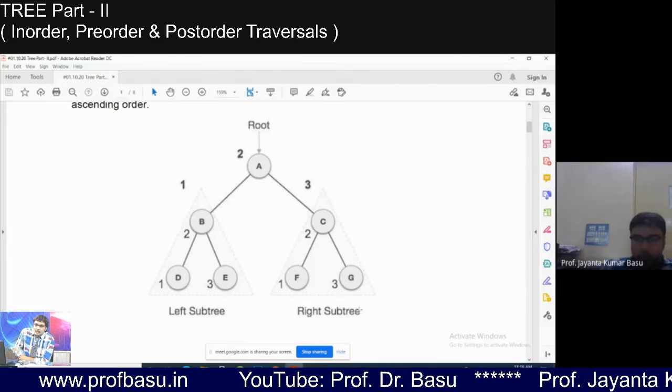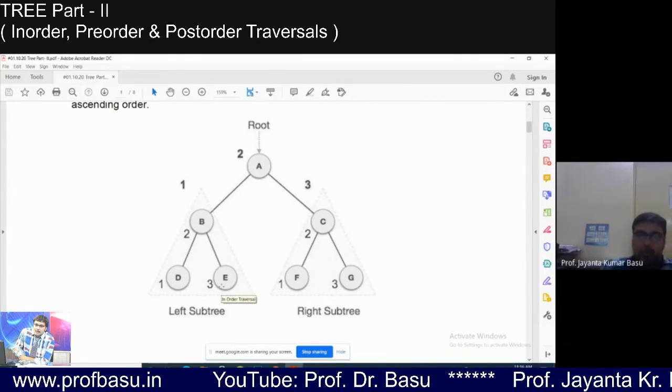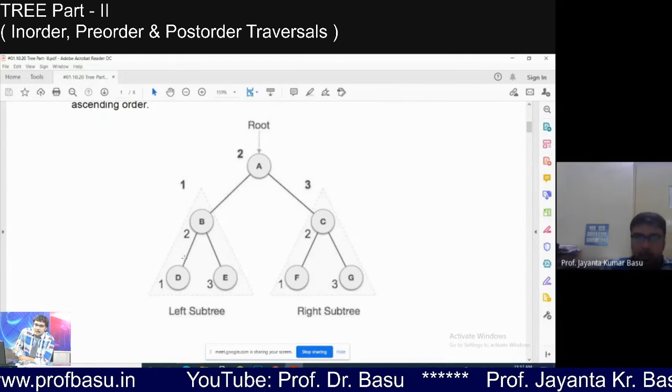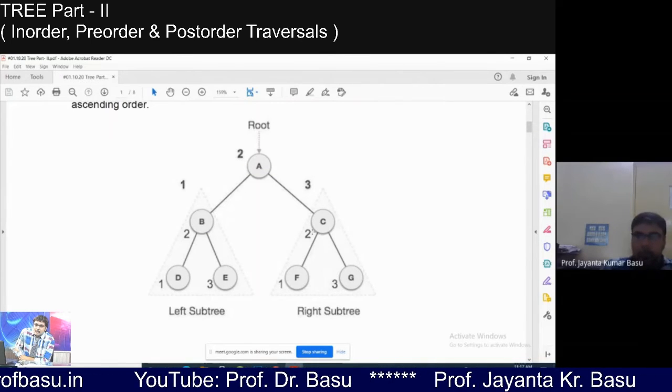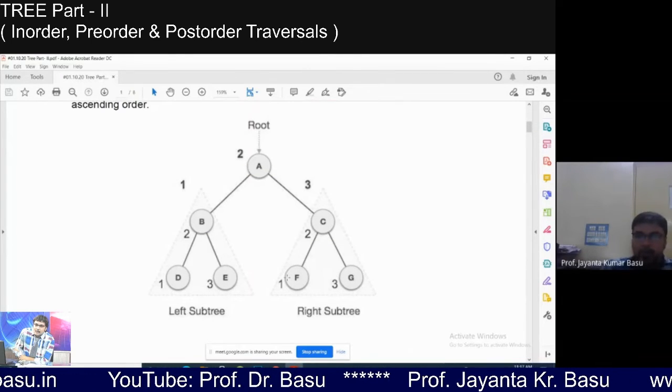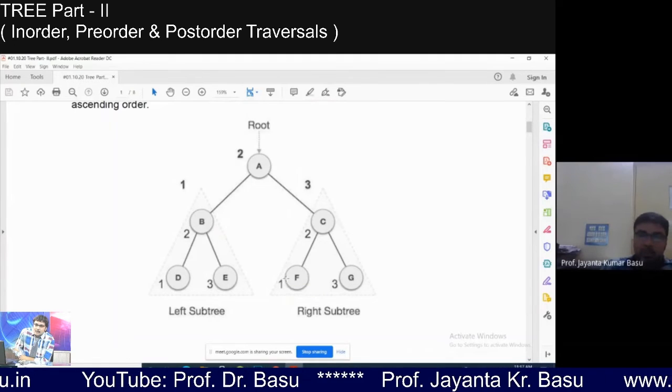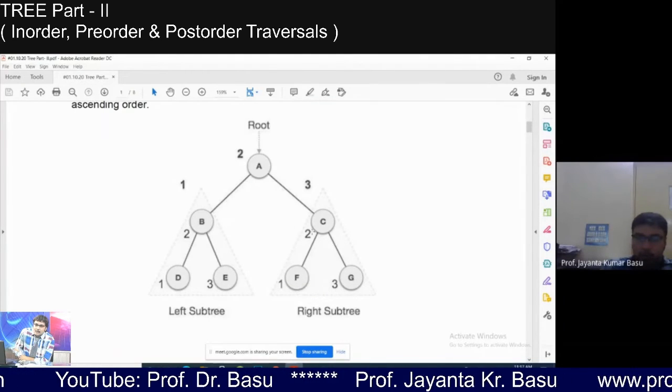For this tree 1, 2, 3. This means this sequence, left, root, right. Left is completed, then root 2, then right. When you come right, you have to again maintain the same sequence 1, 2, 3, left, root, right.